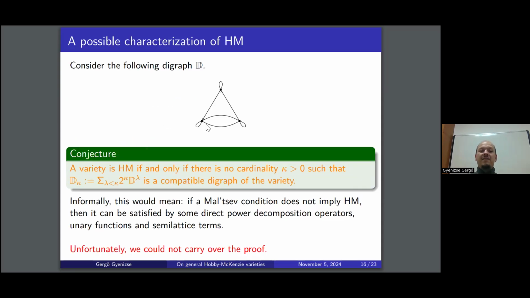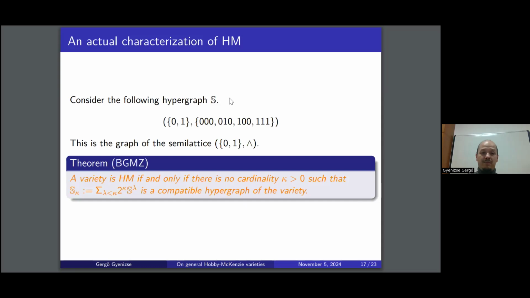Instead of this graph D, we had to have a hypergraph S. So consider this hypergraph S. This is basically the graph of the mid semilattice, of the mid Boolean semilattice. But we could prove that a variety is Hobby-McKenzie if and only if S kappa, derived the same way from S, is incompatible with the variety for any kappa.